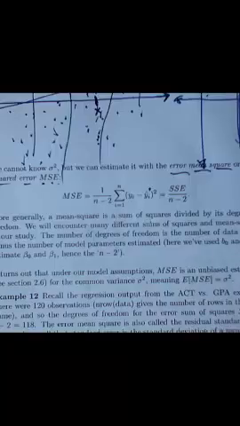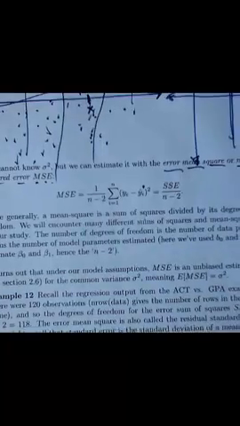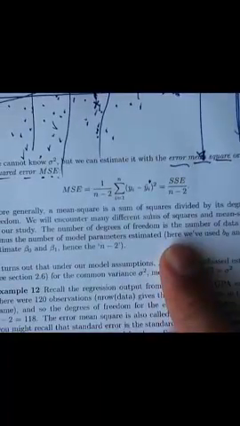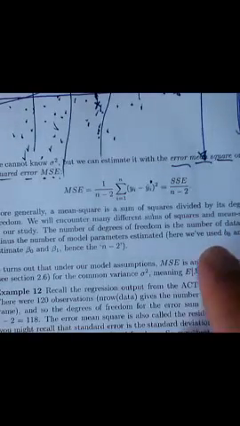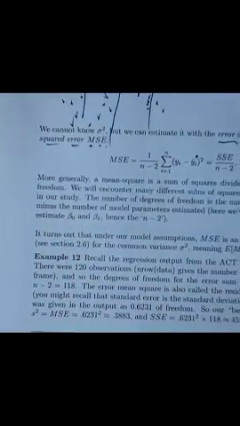The number of degrees of freedom is the number of data points minus the number of model parameters that we're estimating. That's a general rule for degrees of freedom. Here we're estimating 2 quantities, beta naught and beta 1, so we'll have n minus 2 degrees of freedom.